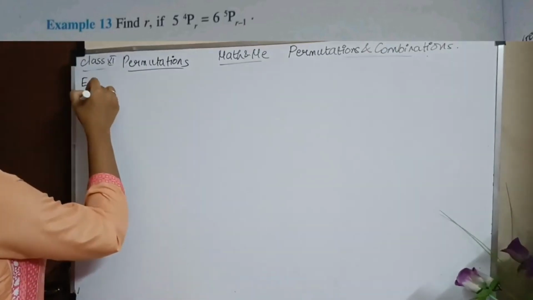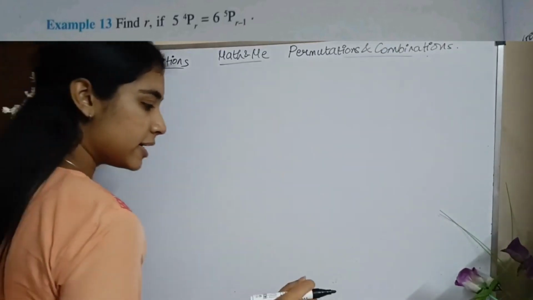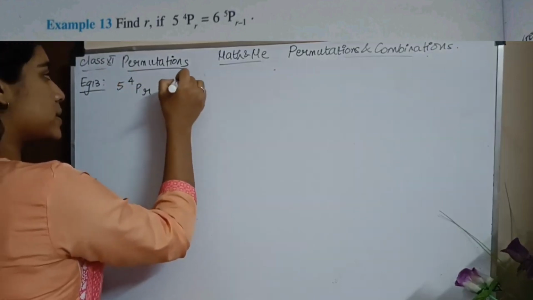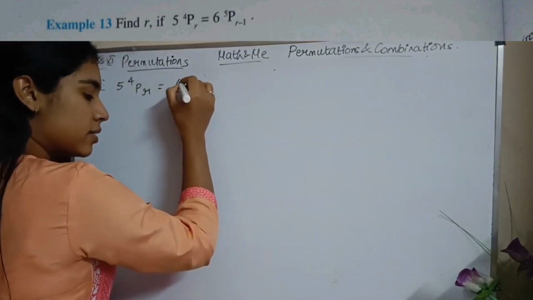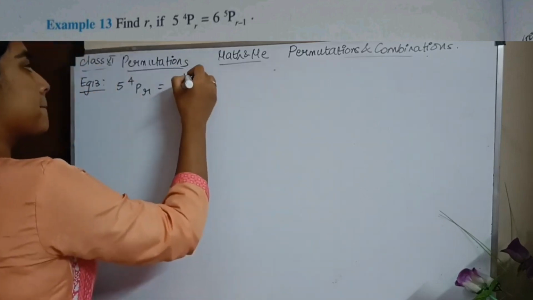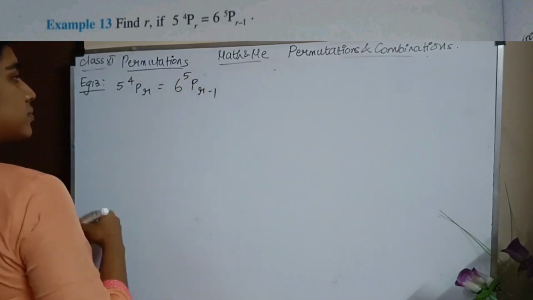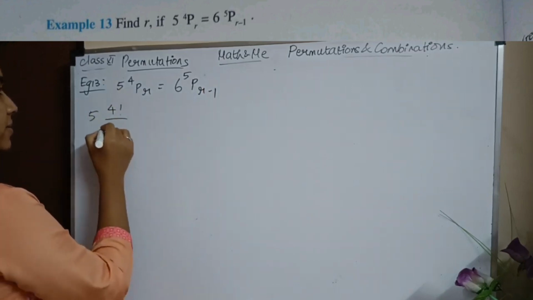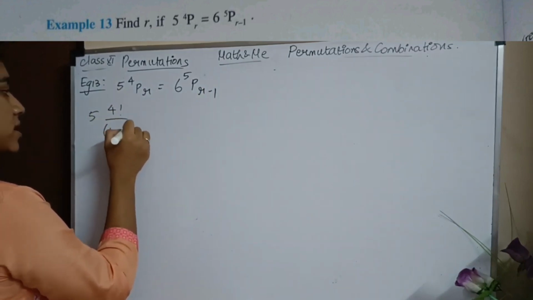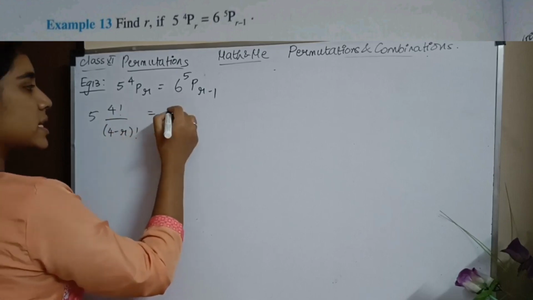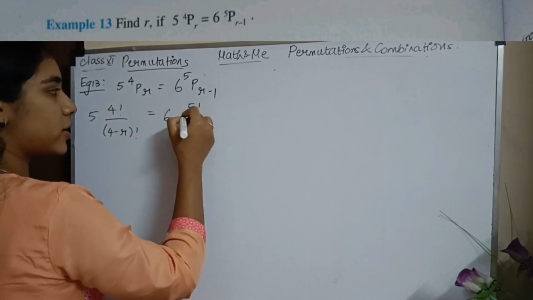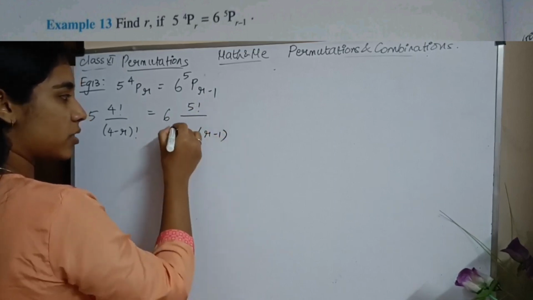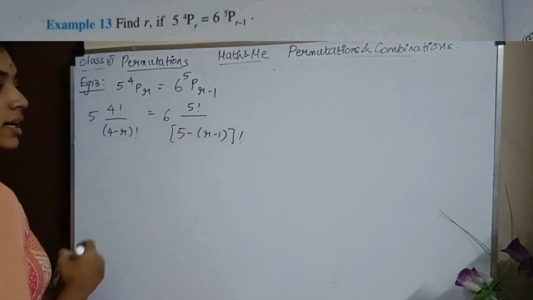Example 13. Find r if 5 times 4Pr equals 6 times 5P(r minus 1). So 5 times 4 factorial divided by (4 minus r) the whole factorial equals 6 times 5 factorial divided by (5 minus (r minus 1)) the whole factorial.